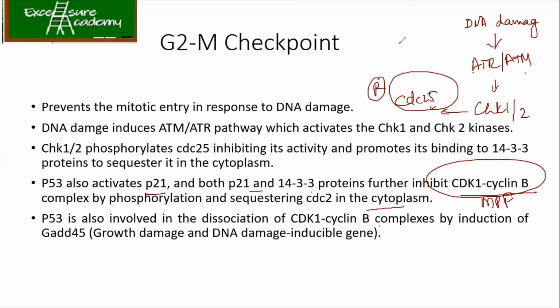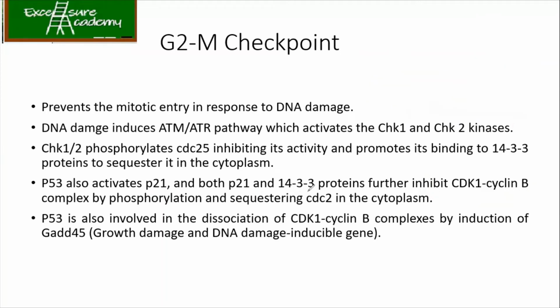Okay, time is getting over. Guys, this is clear. So P53 ने आपका P21 activate किया है. It is inhibiting CDK1 and cyclin B. इसका मतलब क्या? This is present in your G2 to M transition, MPF. Right? So it's all getting sequestered in the cytoplasm.